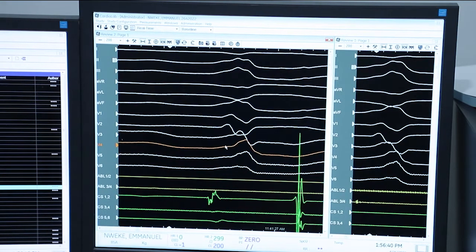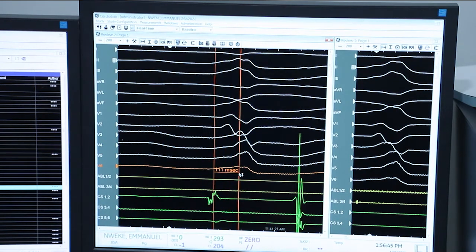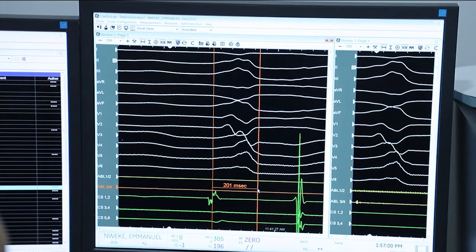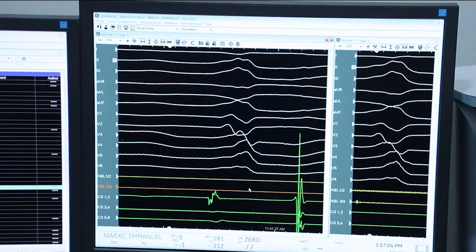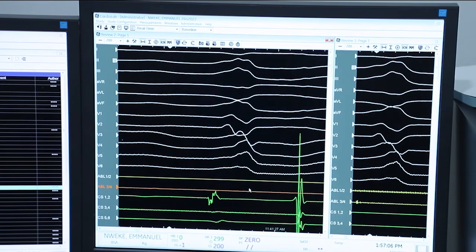And again, the MDI of such PVCs, from the start of the PVC till the peak of the QRS complex, is about 120, divided by the QRS duration, which is about 200, so it is 0.6. And this also emphasizes that the epicardial origin of such PVCs is the cause.